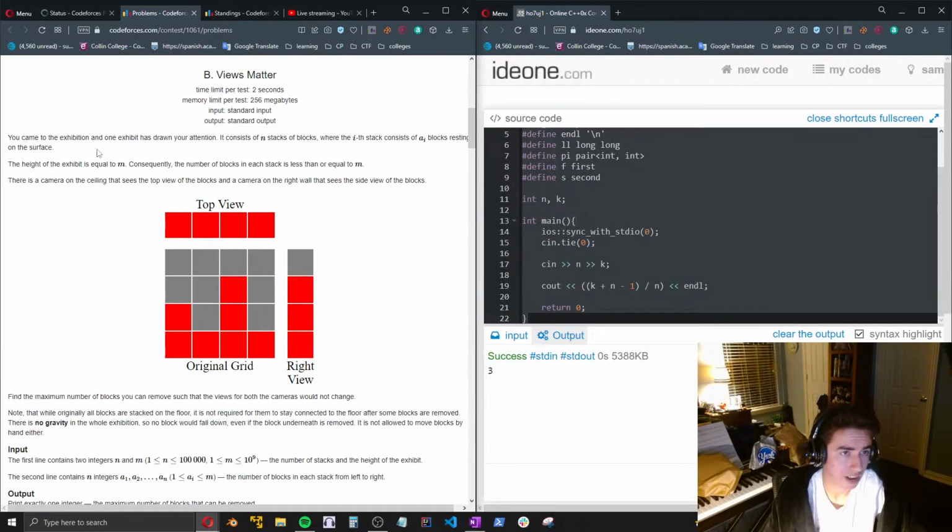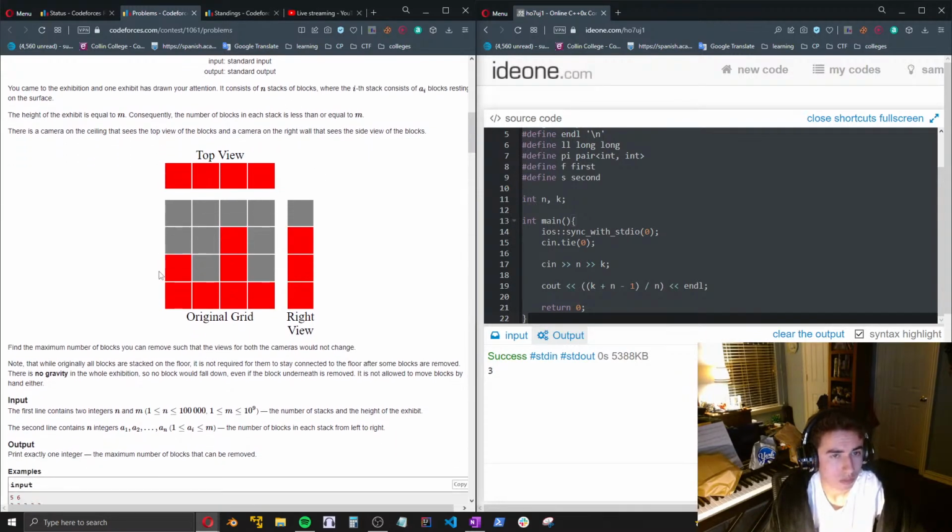You came to the exhibition, and one exhibit has drawn your attention. N stacks, blah blah blah. The height of the exhibit is equal to m, consequently... Okay. We're on top. Find the maximum number of blocks you can remove such that the view for both cameras would not change. Okay, well, how does the view for the top not change?